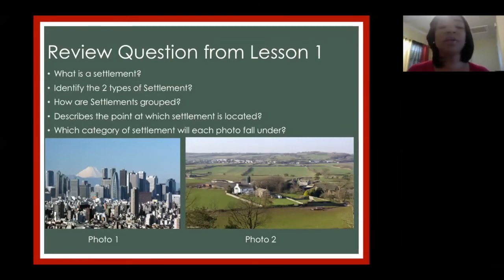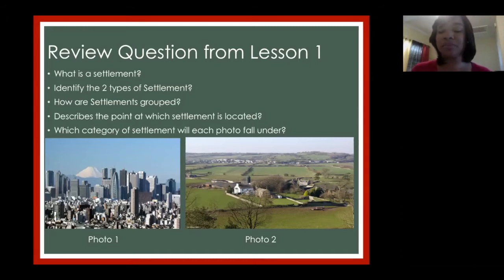The second one was definitely rank. Rank was another one we looked at yesterday. Okay, and there are two ways in which we are able to rank a settlement, either by size or by their services. The other one was function.